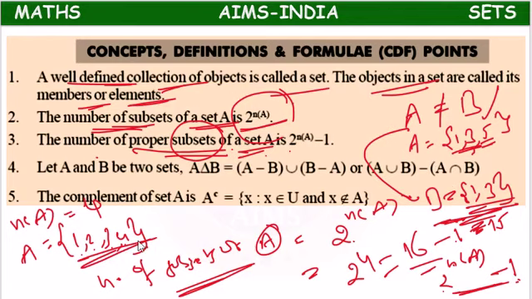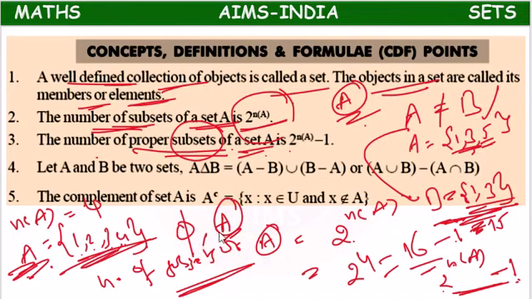While counting the subsets of A, we are including A itself, we are including all. But proper subset means the main set should contain at least one element extra. So while counting proper subsets, we won't consider the set itself. If we subtract 1 from the number of subsets, it becomes the number of proper subsets.